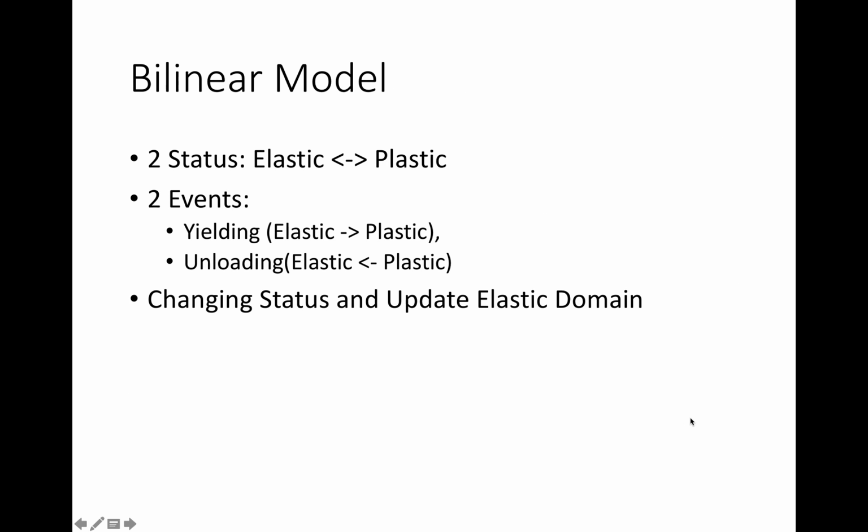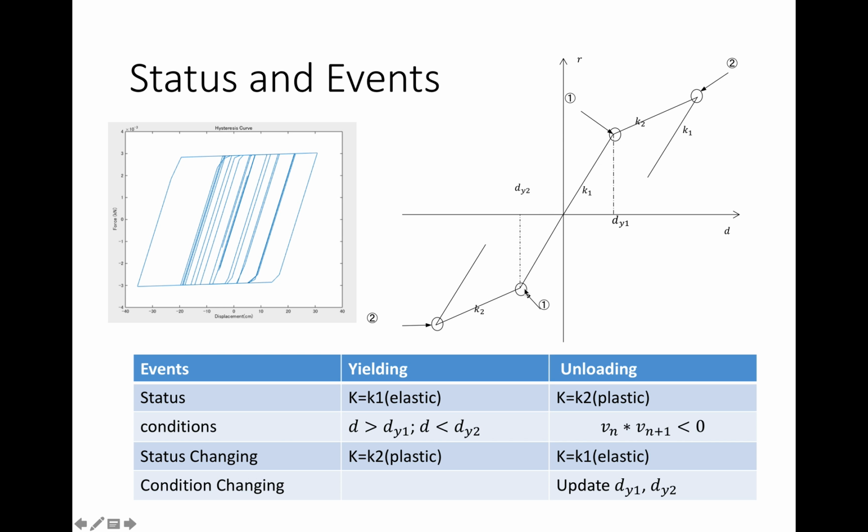Thus, the bilinear model can be summarized like this. They change from elastic to plastic, and there are 2 events: changing status and updating the elastic domain is necessary. This figure summarizes all the things that you need to know. The status is elastic domain, and under this condition they will yield.